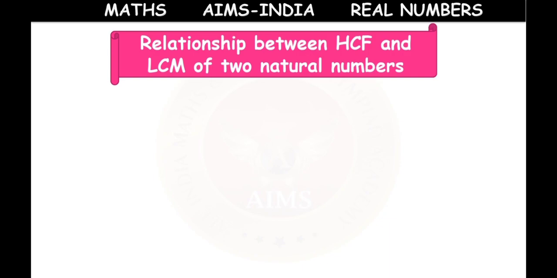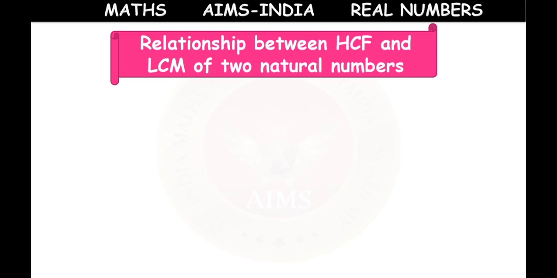Next children, next concept. Up to now we have learnt the fundamental theorem of arithmetic and some theorems related to that, and some example problems we have seen. So the next concept: relationship between HCF and LCM of two natural numbers.